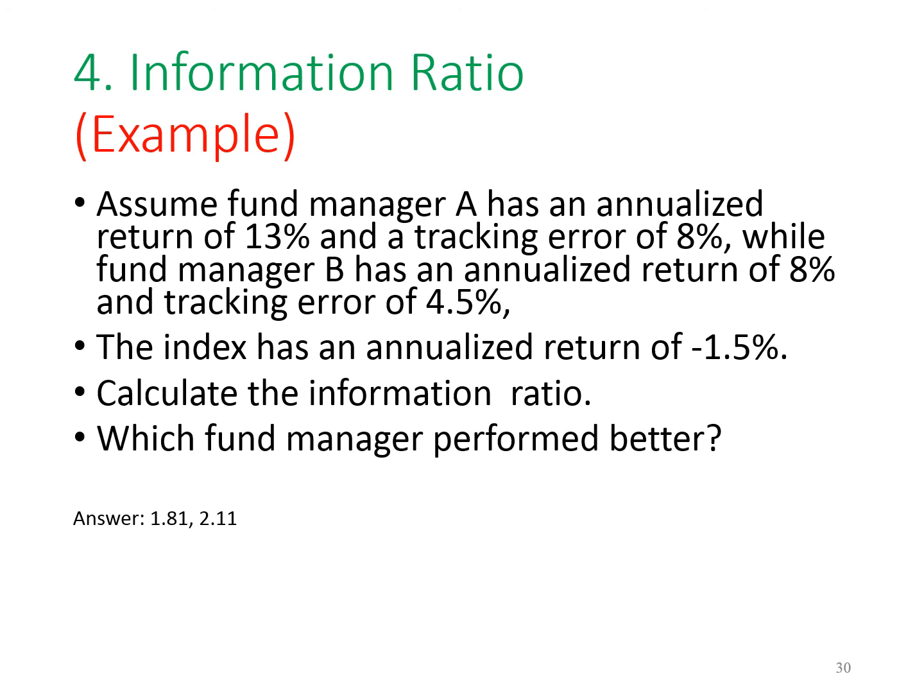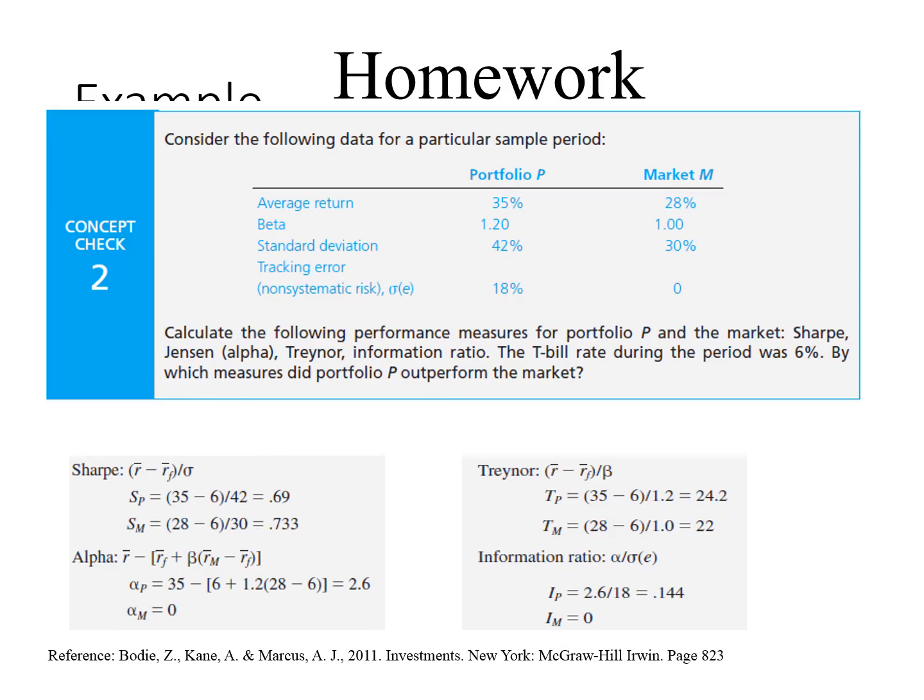You can repeat the same calculation process for Fund Manager B. Fund Manager B has better performance as its information ratio of 2.11 is higher. To have more practice, I would encourage you to try this example from the Bodie's textbook, page 823.